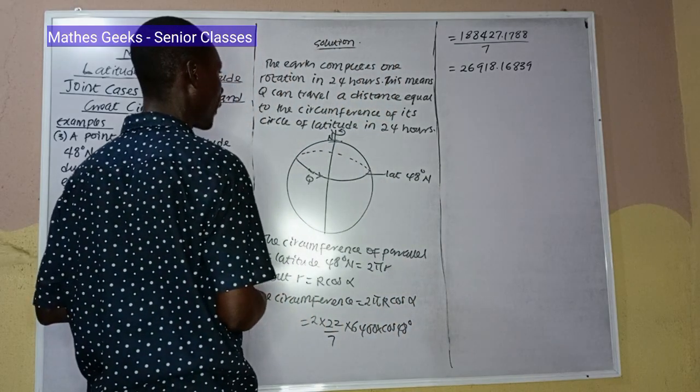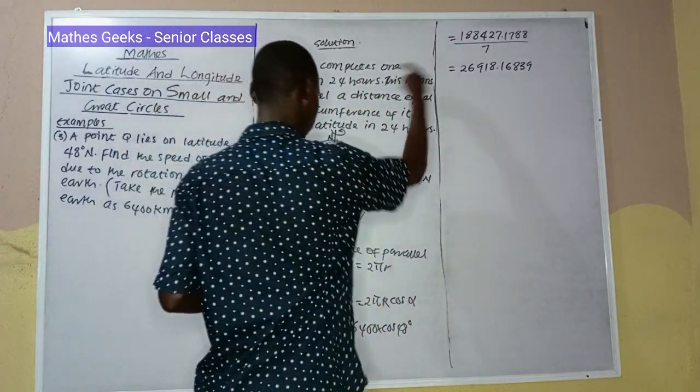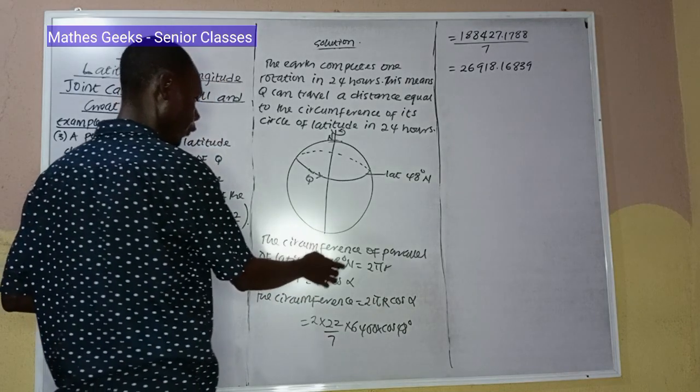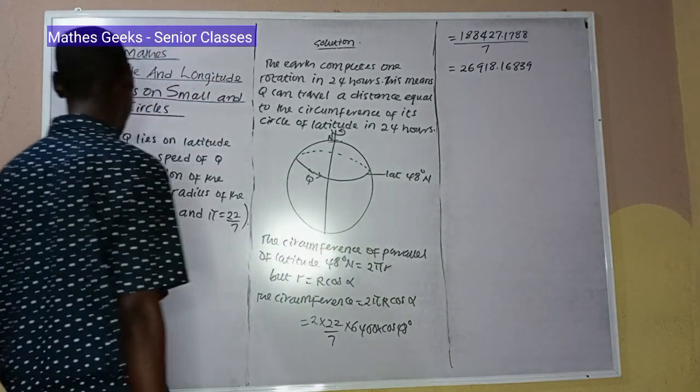So this is the circumference of the parallel of latitude 48 degrees north.